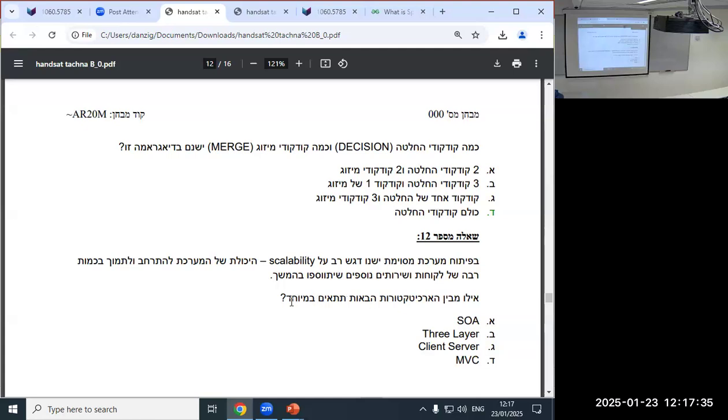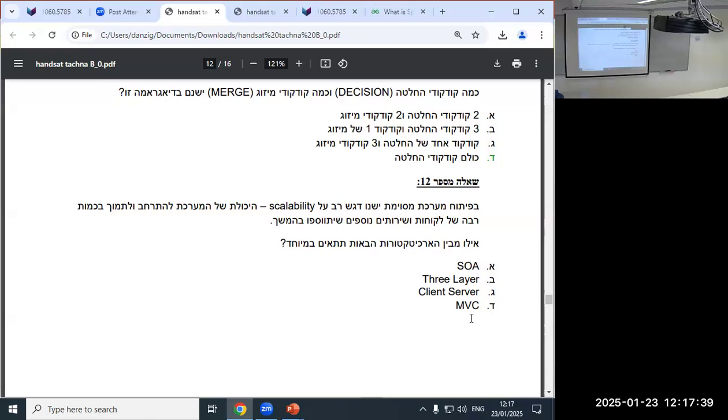Which of the following architectures is the most suitable for us? You could do scalable in all of these things, and all of them are actually client server. Three layer can be client server, they're all client server.